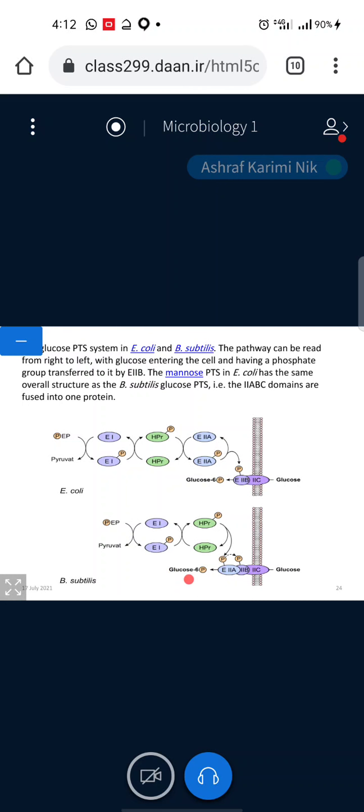Glucose converts to glucose 6-phosphate.